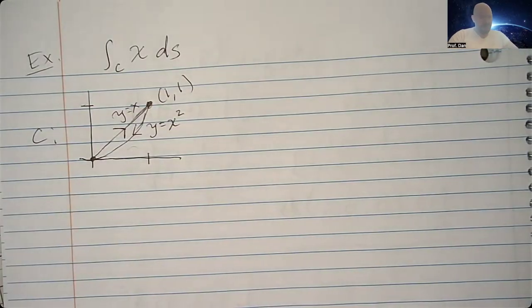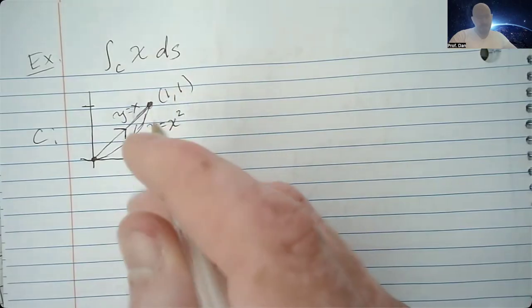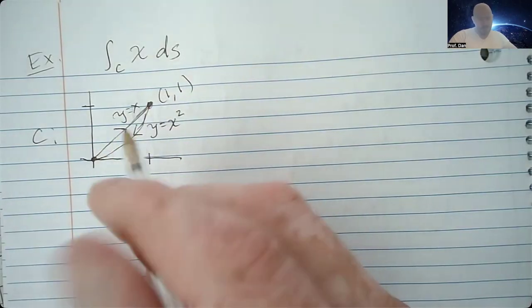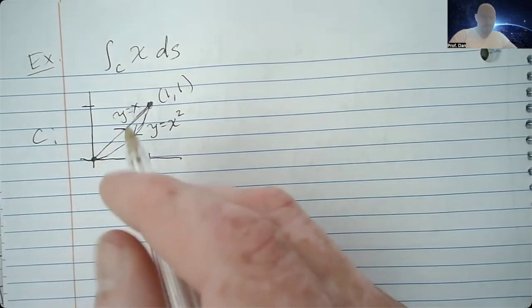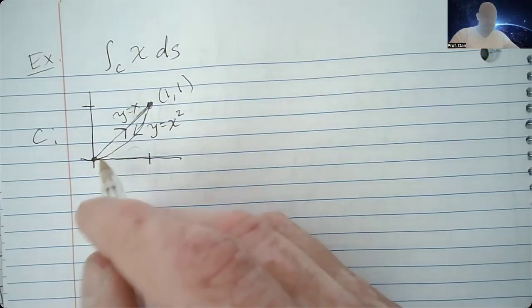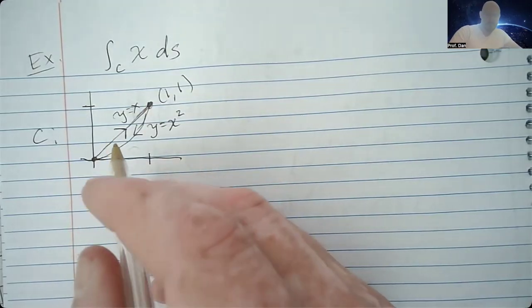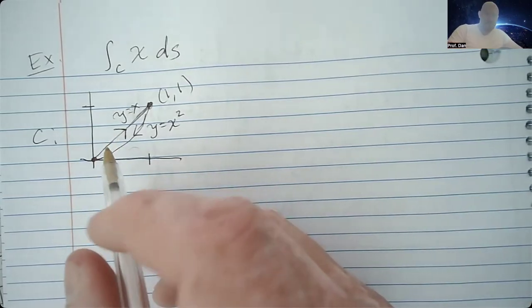Now we have to write our parametric equations and come up with ds. Here's the thing, though. We have two very different pathways that we need to integrate over. As long as these pathways are smooth, meaning that both curves are differentiable, which they are, that's a line and that's a parabola, derivatives exist. More importantly, the derivatives are continuous.